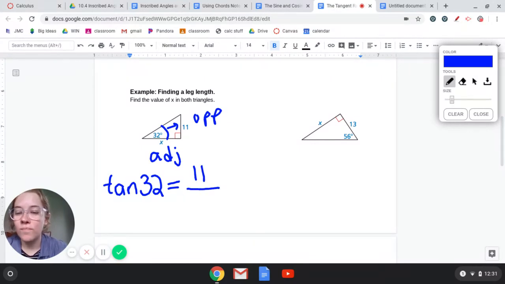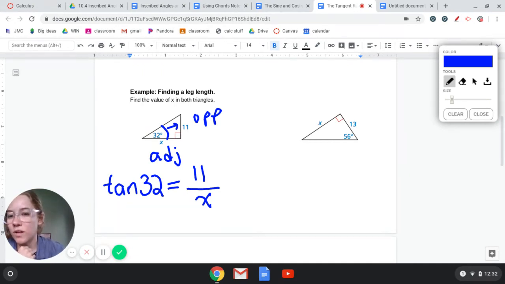Okay, so tangent of 32 equals that opposite side, which is 11, over the side we don't know, x, the adjacent side. So opposite over adjacent, 11 over x. Now, let's see. To solve for x, what's the easiest way to do this?